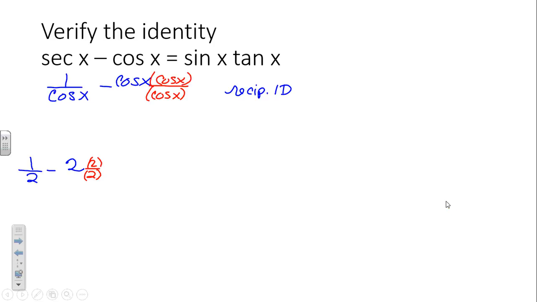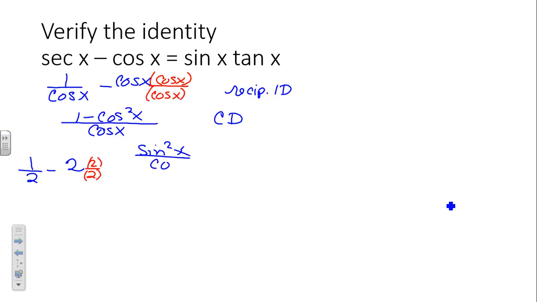So now we have a 1 minus cosine squared x over cosine x. That's simply common denominator. Top is sine squared. That's a Pythagorean identity.